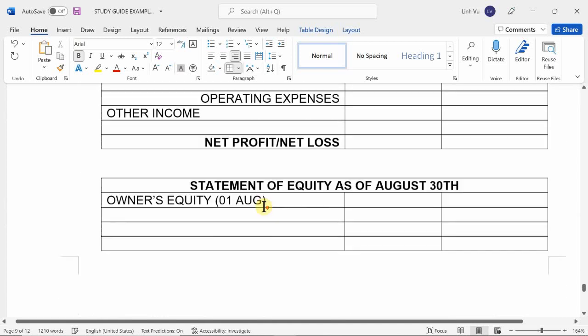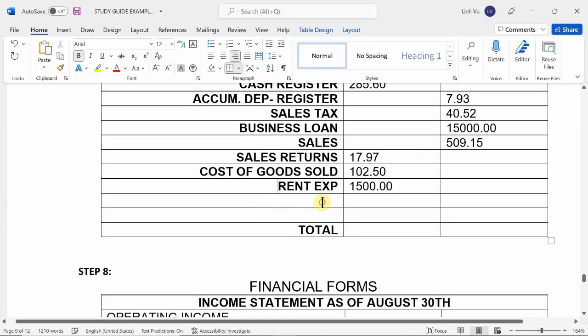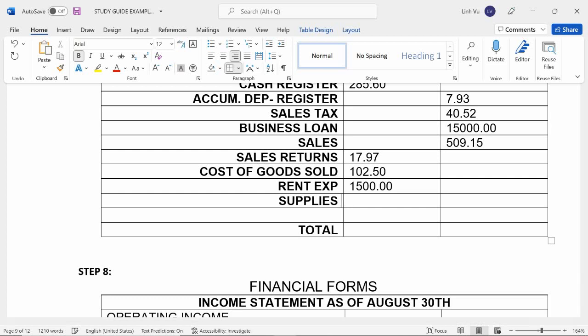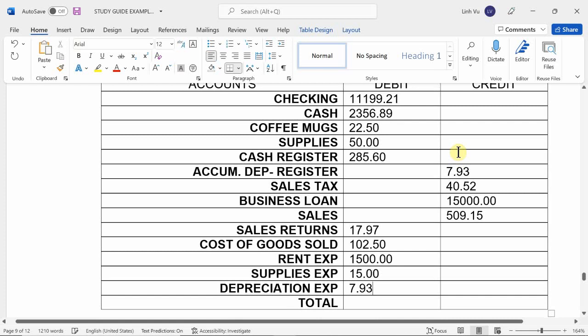So we need to add two more entries in here: the supplies expense for the $15, and the depreciation expense for $7.93.